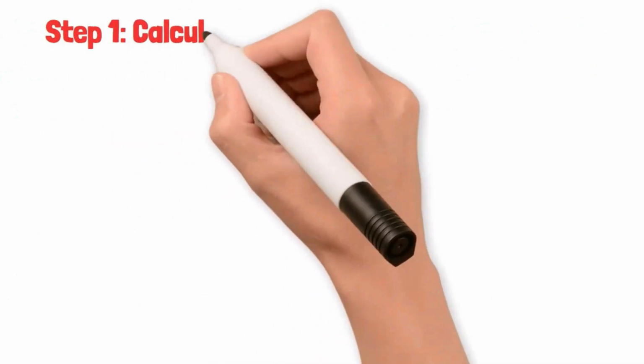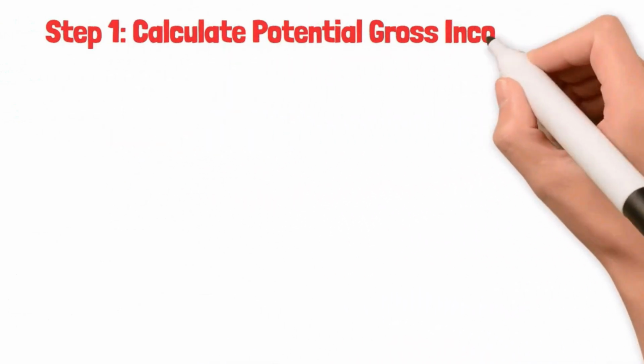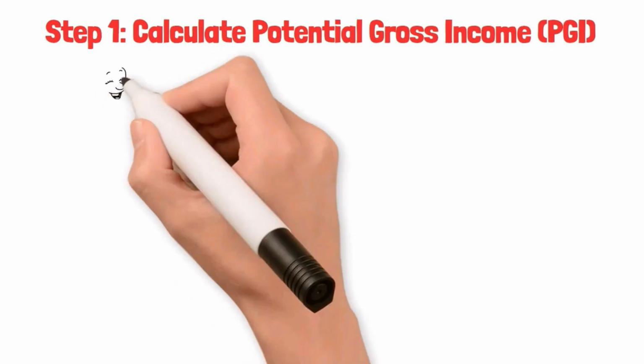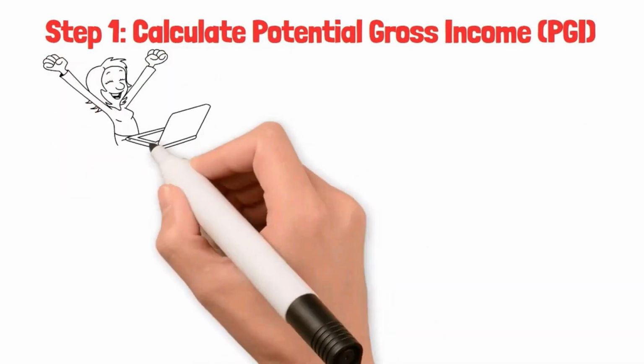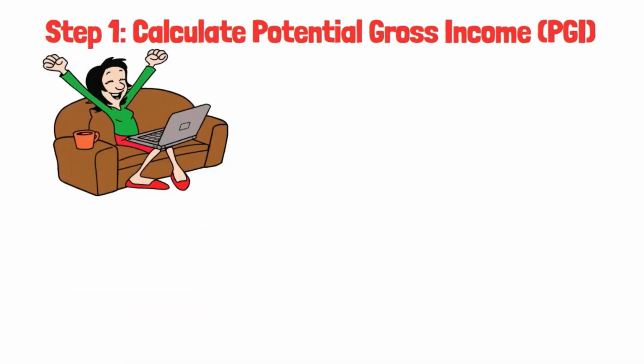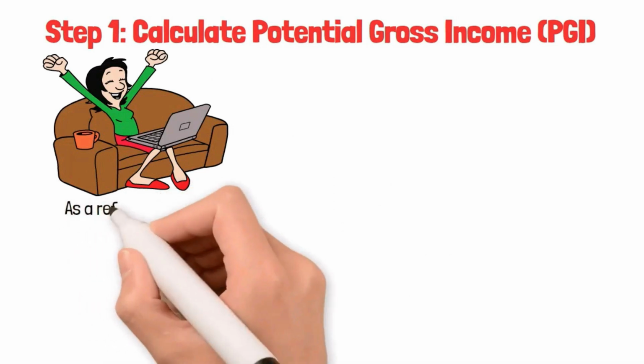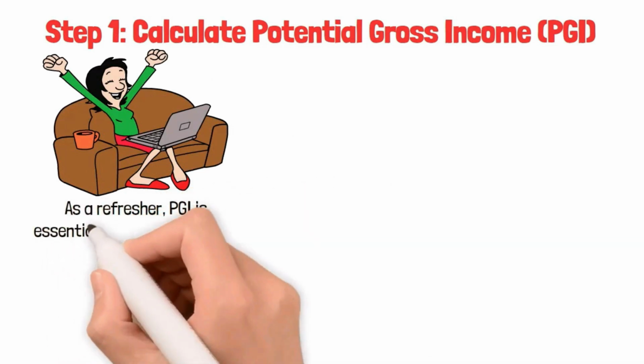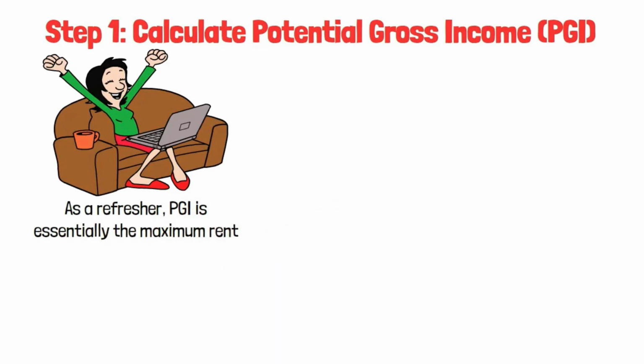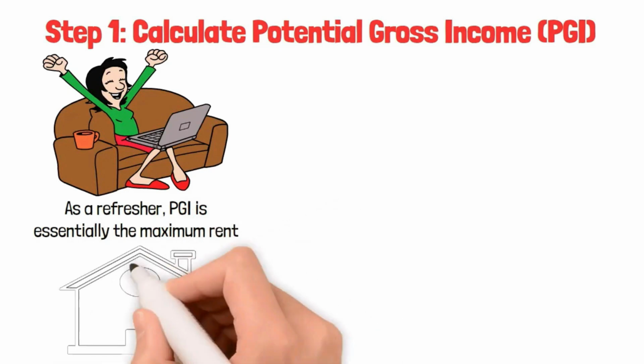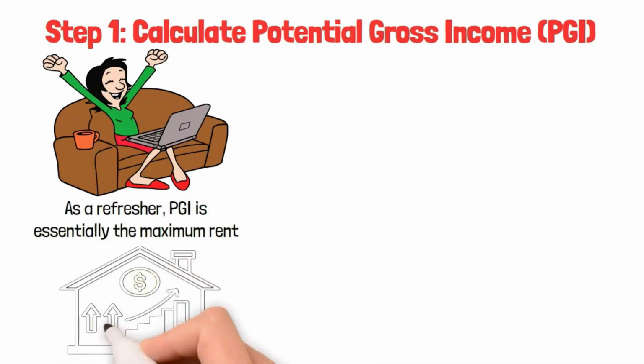Step 1, calculate potential gross income, PGI. If you watched the last video, you'll know that this is a pretty straightforward calculation. As a refresher, PGI is essentially the maximum rent you could collect if your property was fully occupied all year round.